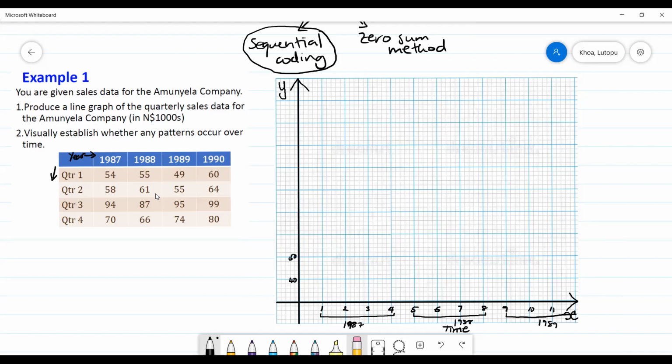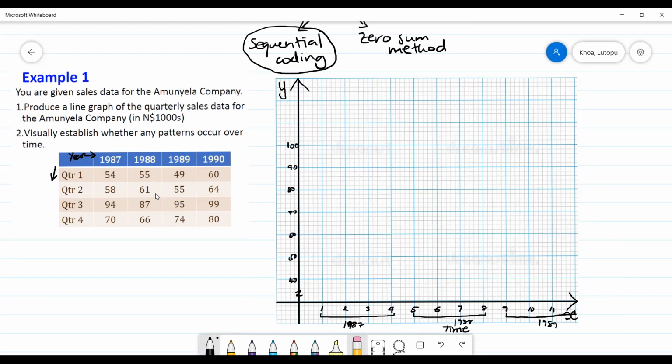It's 50, 60, 70, 80, 90, and 100. Okay, so here's just to show that it is broken, but not really that important. So now we start plotting our first quarter, so 1987, and let's go ahead and plot them.